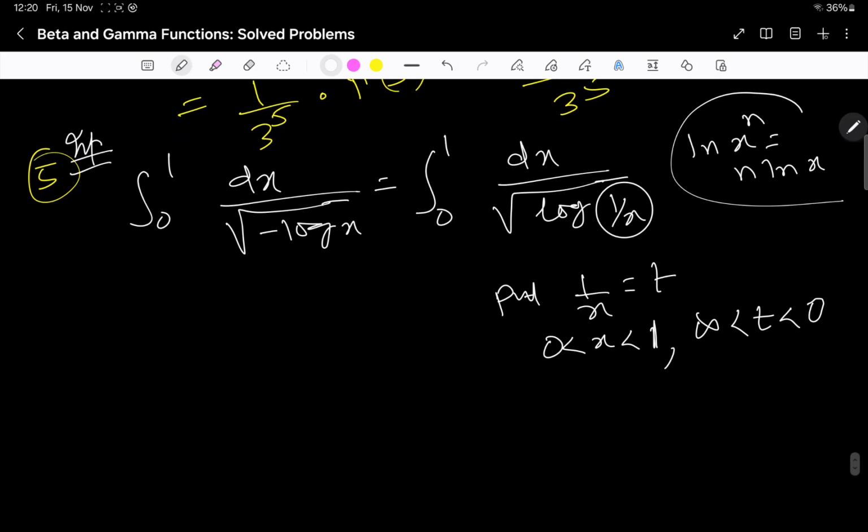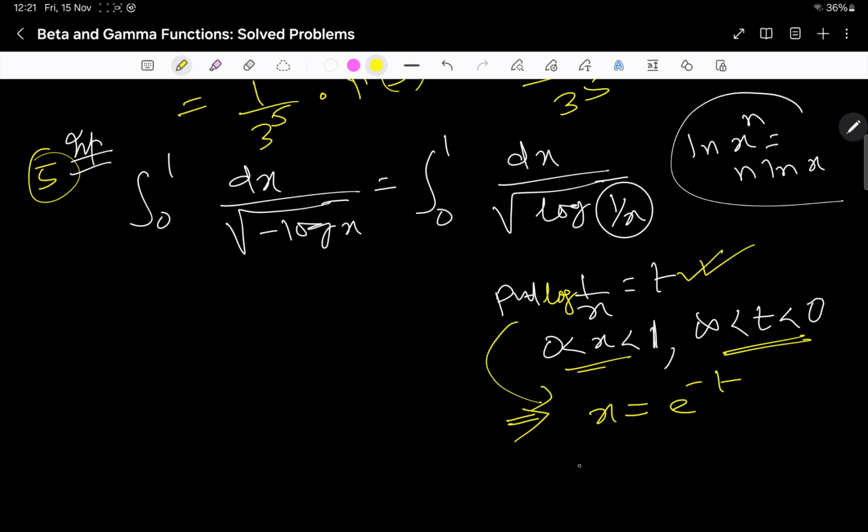Now what is the derivative? So actually you put log 1 by x is equal to t. So this will remain the same. Now what will happen to 1 by x? x is equal to e to the power minus t, isn't it?